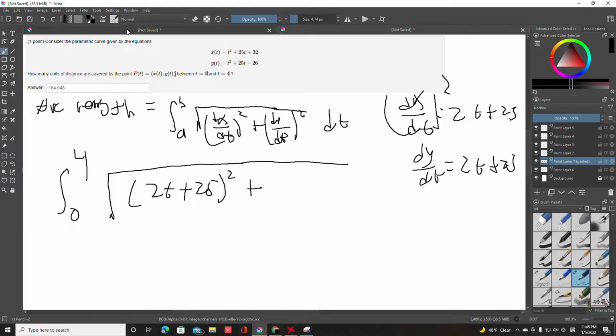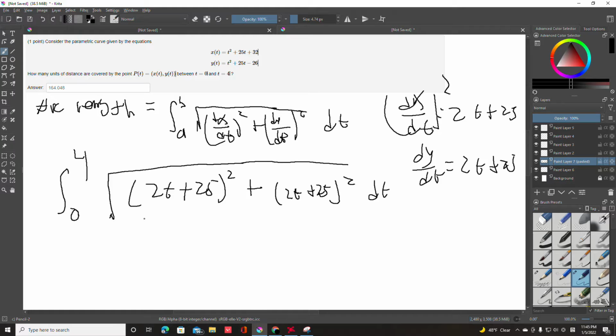Wait, no, I made a mistake, guys. This is supposed to be 32. dx over dt is, wait, actually no, oh wait, no, I was right, never mind. All right, continuing on. This will just become 2t plus 25 squared. And then you evaluate this integral.